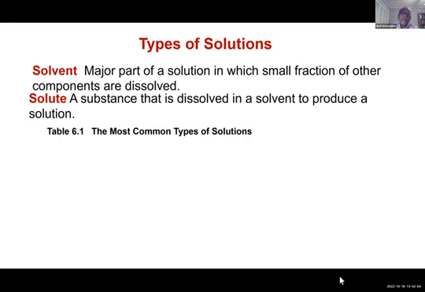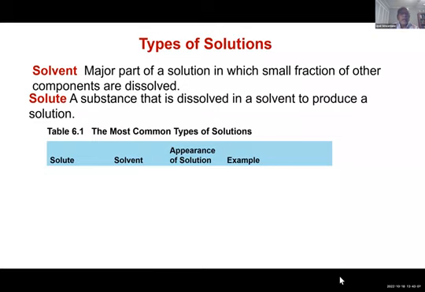Let's see how we mix different phases, compounds in different phases, to produce homogeneous mixtures. Let's look at solute, solvent, how they appear, and examples.